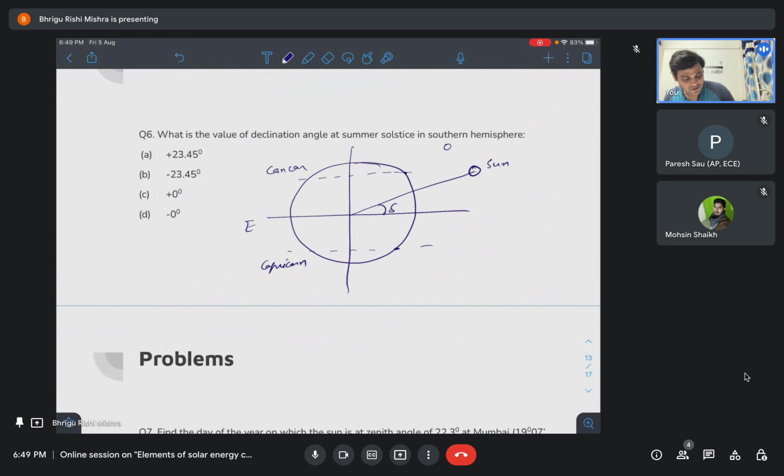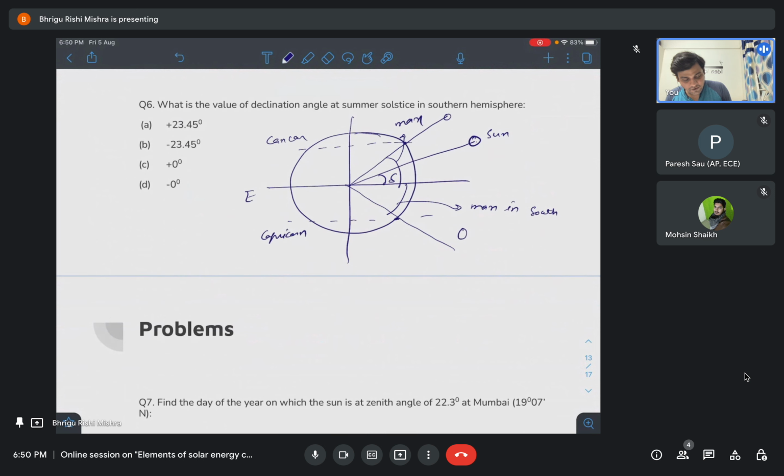So if the sun is here, this is the max delta, and similarly here also this is the max in the southern hemisphere.